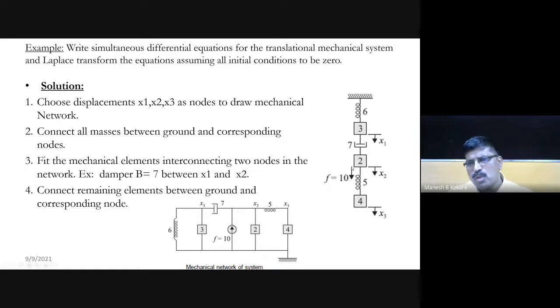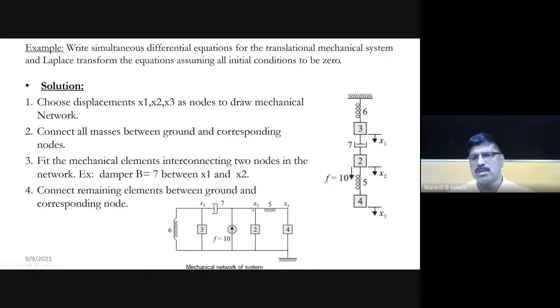Similarly, at X2, there is a force, okay? When you are applying the force in this direction, definitely there will be an opposite force offered by these elements. We'll see the direction of force later on. So this force element, having 10 magnitude, has one end connected to the ground and another connected to X2, because it is applied at X2, right?